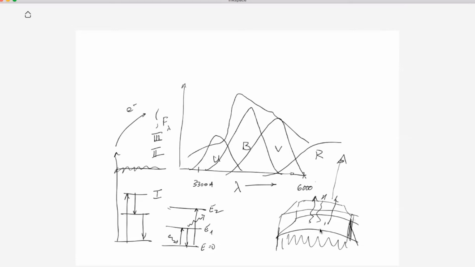Okay, so you'll see the same lines in the spectrum, but they'll be stronger in the star that has a greater abundance of the heavy elements than they will be in a star which is older.